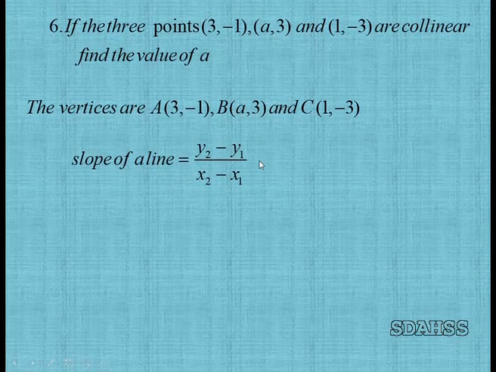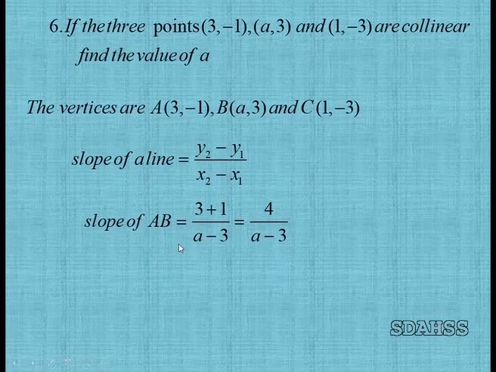So for that you have to find any two slopes, either slope of AB and BC, or BC and CA, or AB and CA. Find any two slopes, because given points are collinear. Now I am going to find slope of AB and BC.